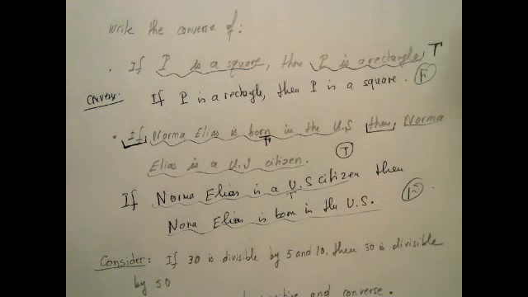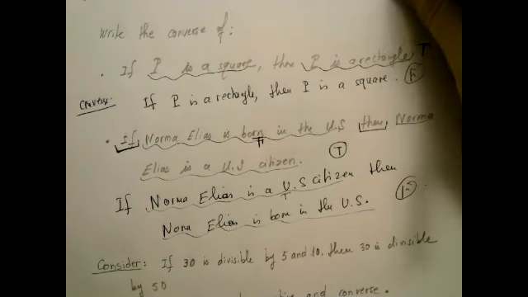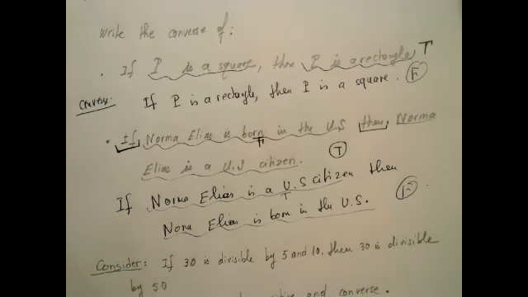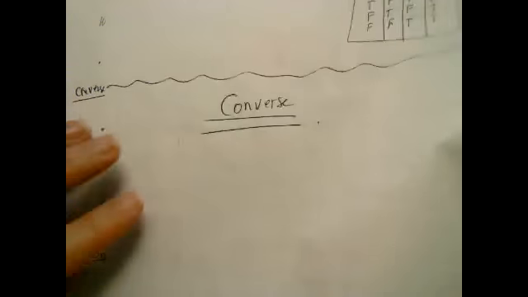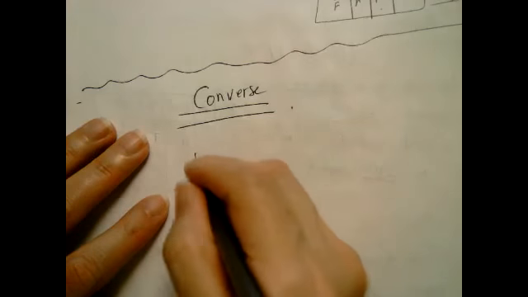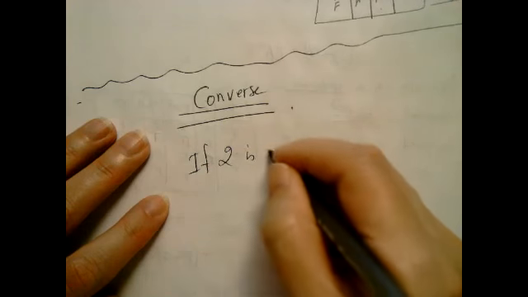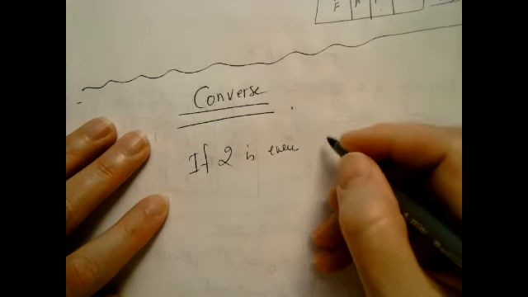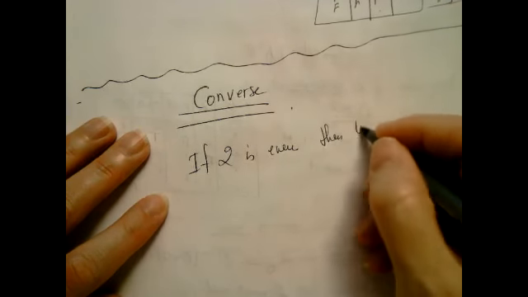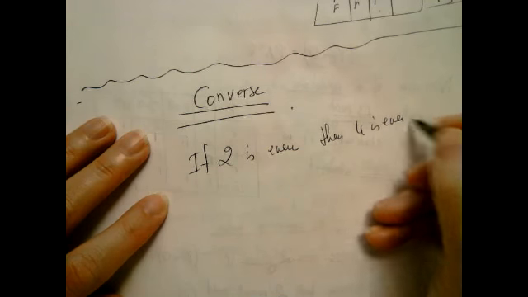Okay, anybody? All right, Simon wrote, if 2 is even, then 4 is even. Let's write his statement down, make sure it makes sense to everybody. So the statement is, if 2 is even, then 4 is even.